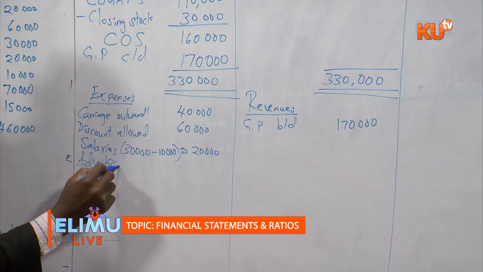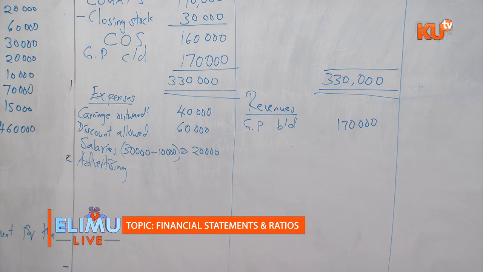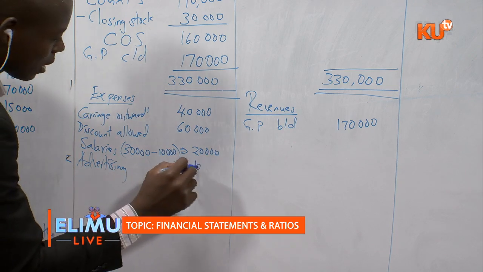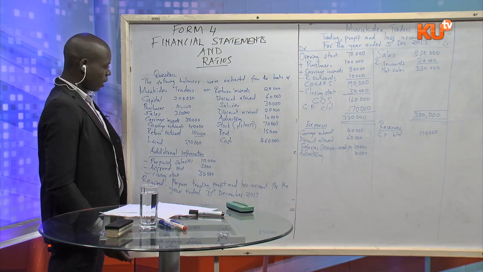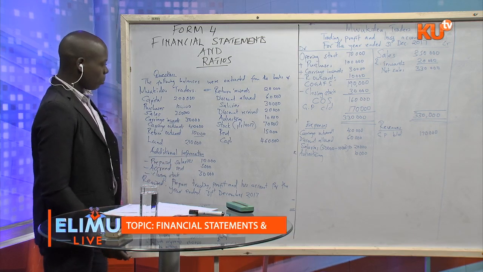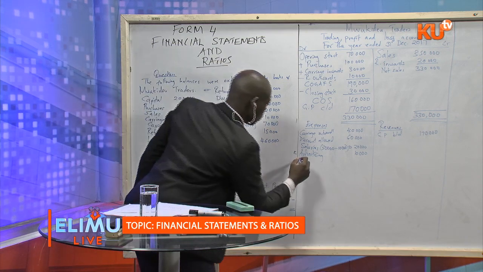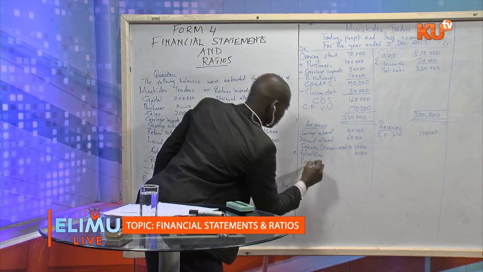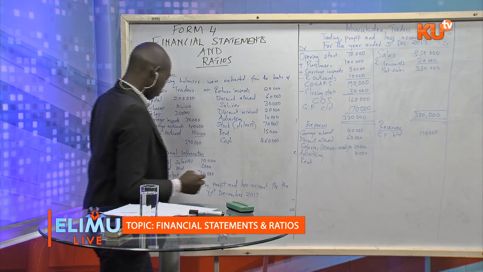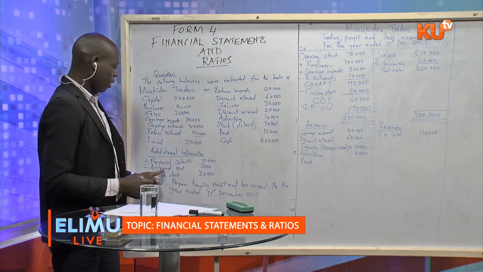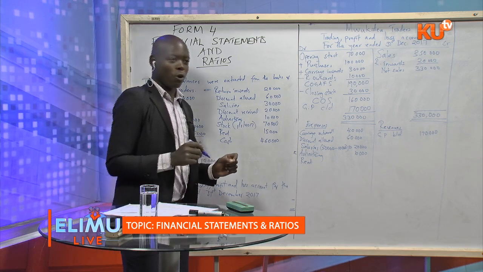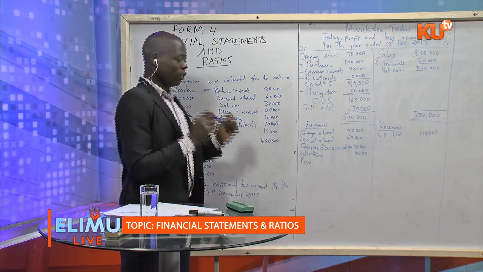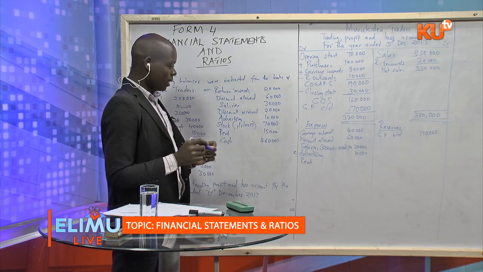Advertising. Our advertising figure is 10,000, so we record 10,000. Stock is an asset, so that we have already captured it also. With rent. Rent is also adjusted because we have accrued rent of 5,000. We said when you see accrued or due or outstanding, it means the same.